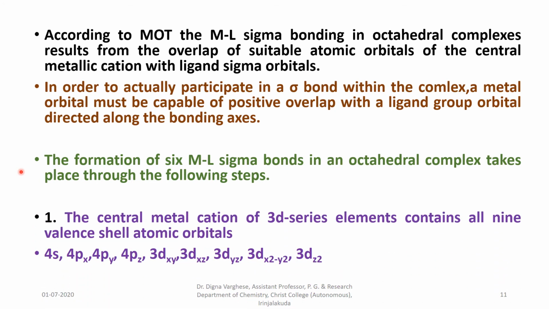The first step: the central metal cation of the 3d series elements contains 9 valence shell atomic orbitals. As we have already discussed, that is 4s, 4px, 4py, 4pz, 3dxy, 3dxz, 3dyz, 3dx²-y² and 3dz². One s orbital, 3 p orbitals and 5 d orbitals together give 9 valence orbitals.